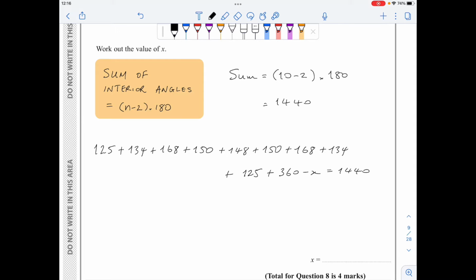So the left hand side simplifies to 1662 minus x equals 1440. So let's take x to the right. 1662 minus 1440 comes out to be 222, and this is my final answer.